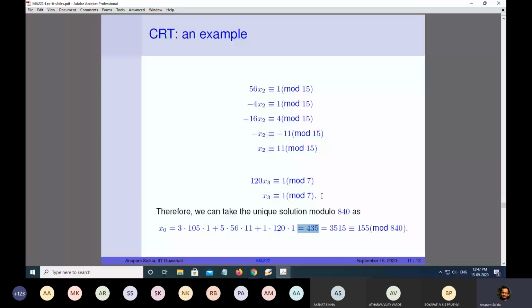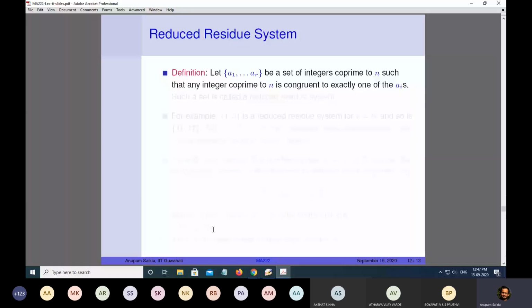Finally, there is also a terminology I can introduce, which is reduced residue system. What is a reduced residue system? You take only the co-prime residues. You forget the residues which are not co-prime, and you take all the ones which are co-prime to n.